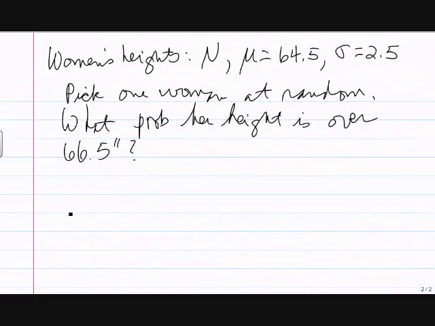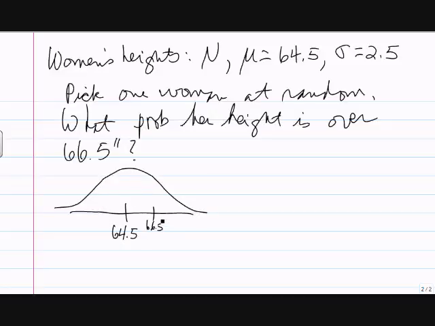Then I think of my normal distribution centered at 64.5. I want her to have a height of 66.5 or more. So I'm talking about the area under this curve with my standard deviation to be 2.5.